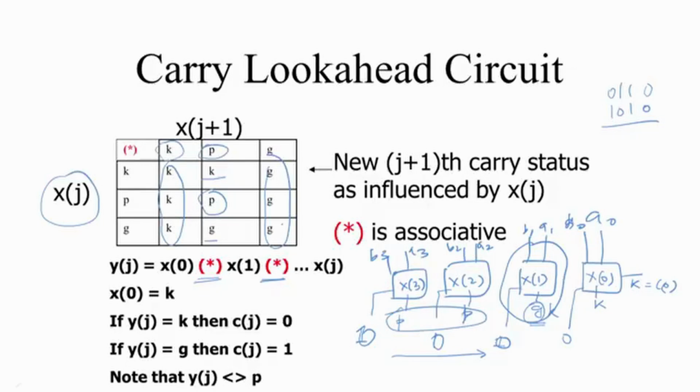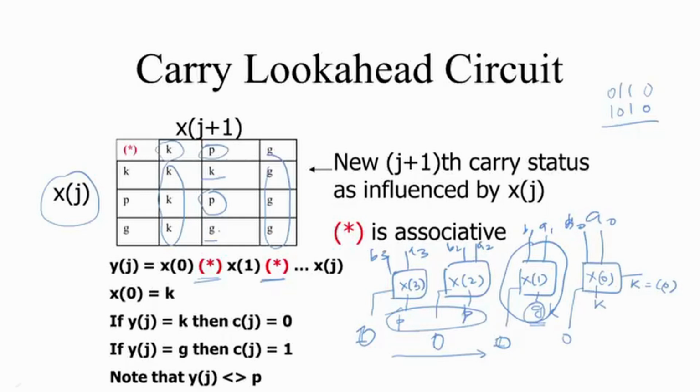But if my current stage is propagate and my previous stage was kill, then I make myself kill. If the previous stage was generate, I make myself generate. If my previous stage was propagate, then I remain in a propagate state.